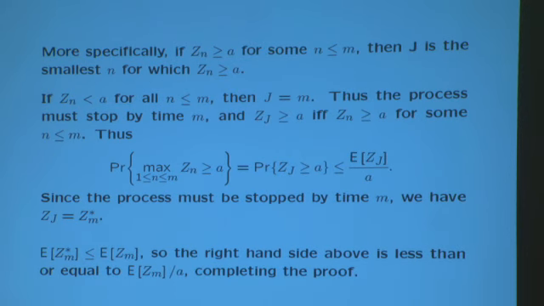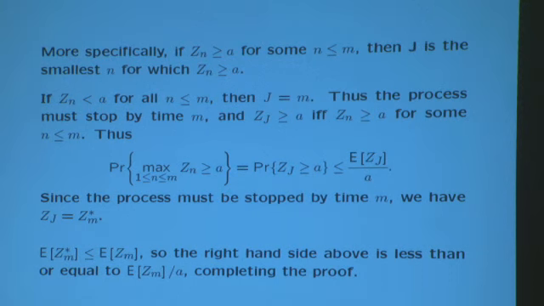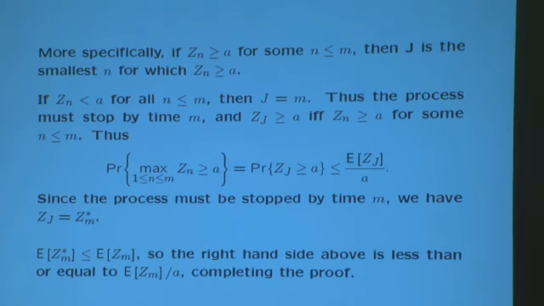The value of the process at the time you stop, which we've called Z sub J, is the value at the stopping time. Z sub J is greater than or equal to a if you stop before time m. We're saying that Z sub J is greater than or equal to a if and only if Z sub n is greater than or equal to a for some n less than or equal to m.